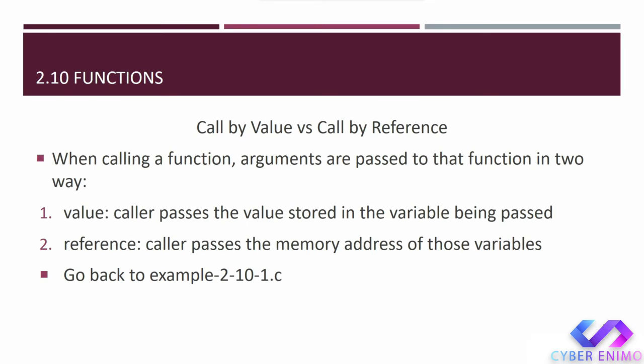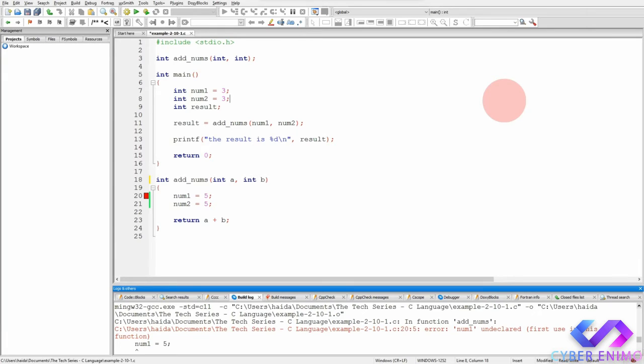Let's go back to our example in Code::Blocks. So in this code, num1 and num2 were declared in main. We cannot directly change them as we tried to do here because they are local to main. We can, however, pass the addresses of num1 and num2 to addNums.